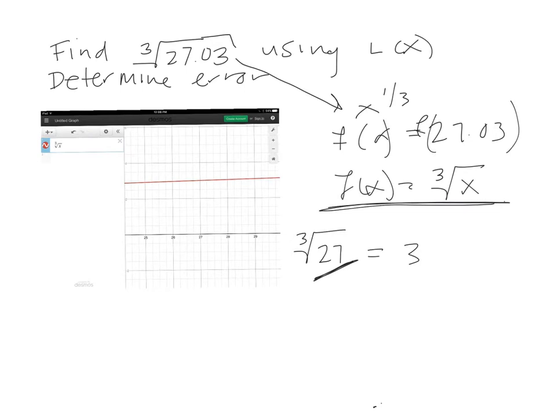Okay, so let's clarify. My f now is the cube root, or x to the 1/3. My a is going to be 27.